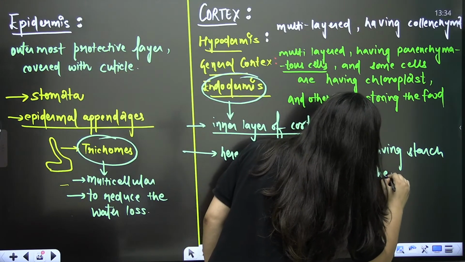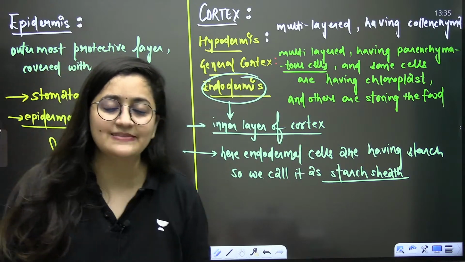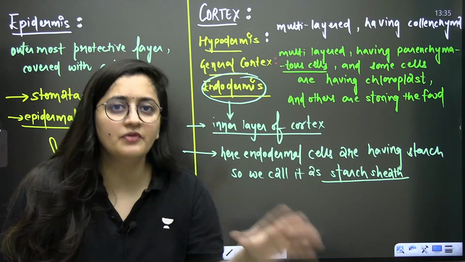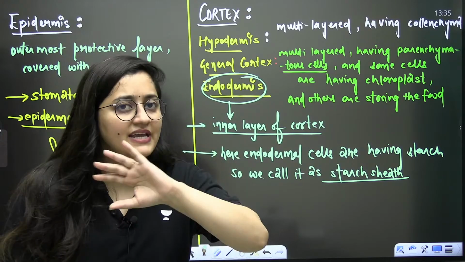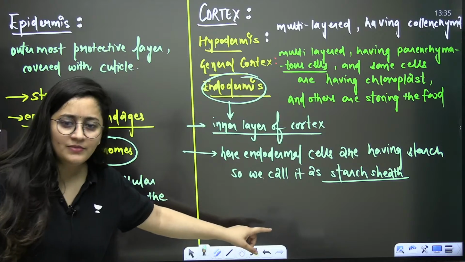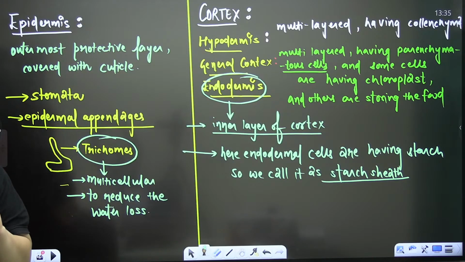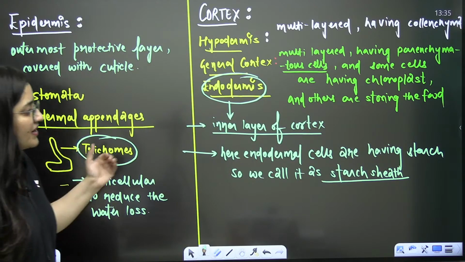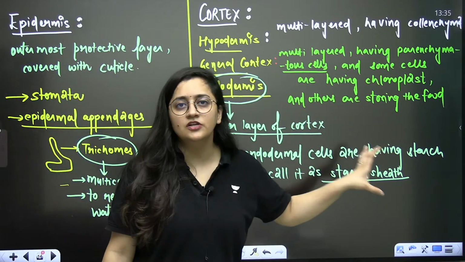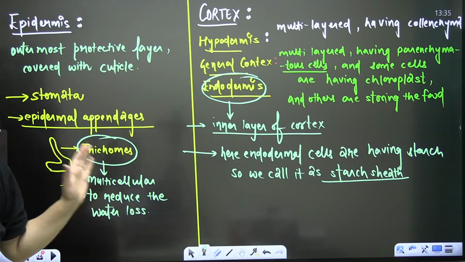This is what you need to remember, because it is a stem. Here the endodermis does not have Casparian strips, so it is not preventing water movement. In dicot stem, the endodermis is known as the starch sheath because the endodermal cells are fully loaded with starch grains. Is it clear, bache?